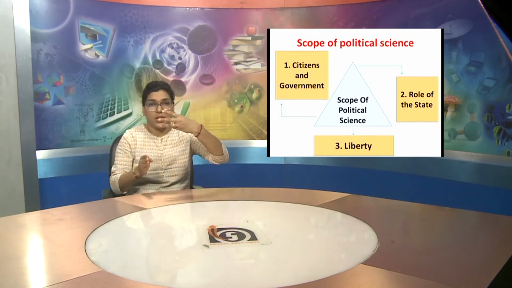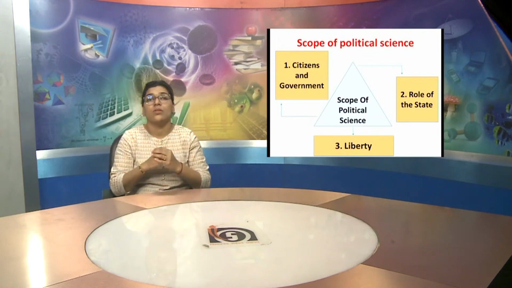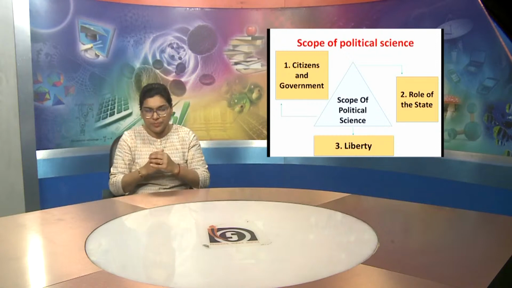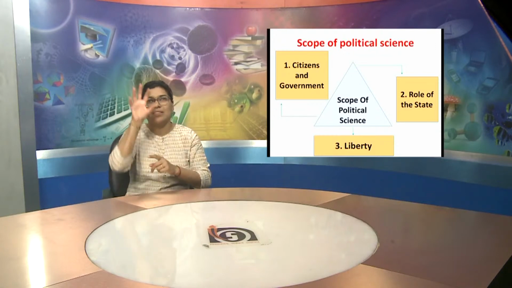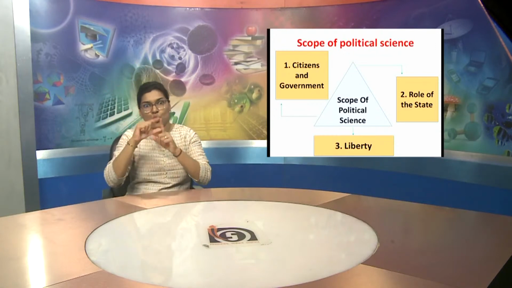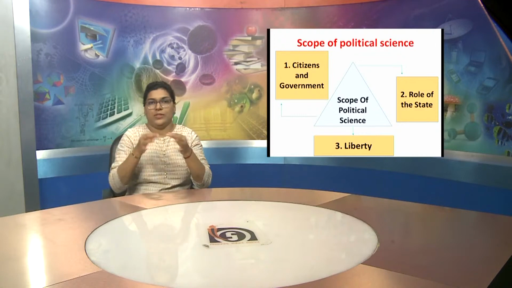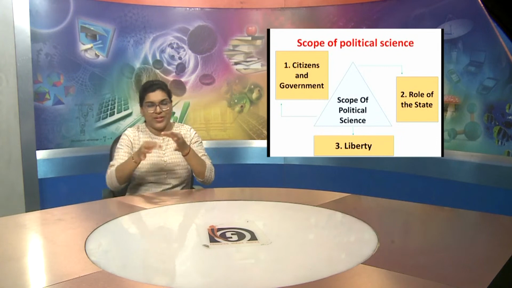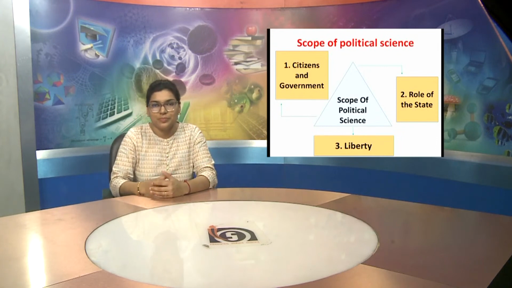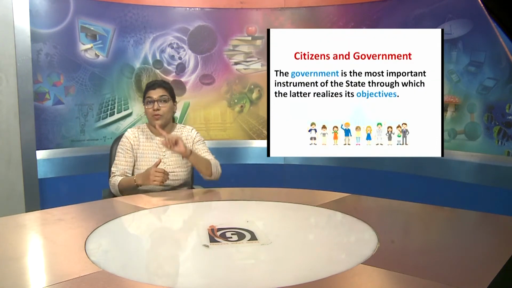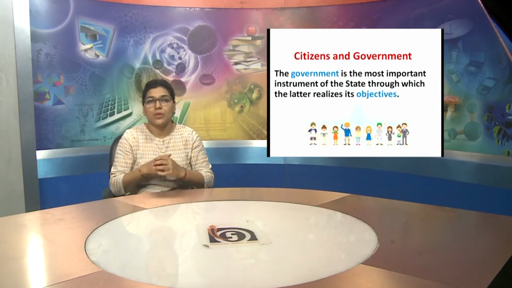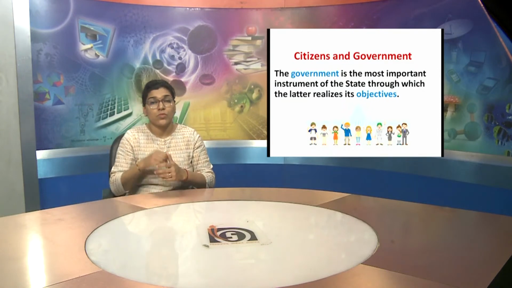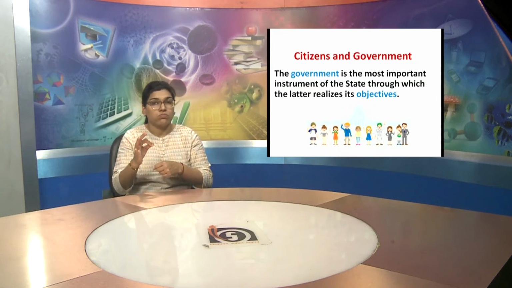Scope of political science. First is citizen and government. Second is role of the state. Third is liberty. These are the three points. Citizen and government.